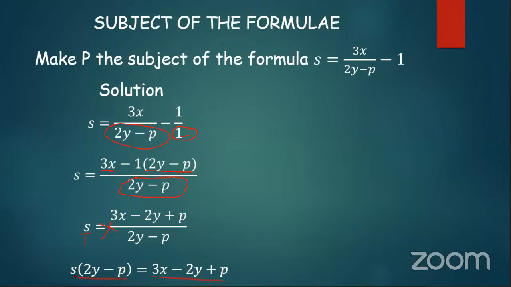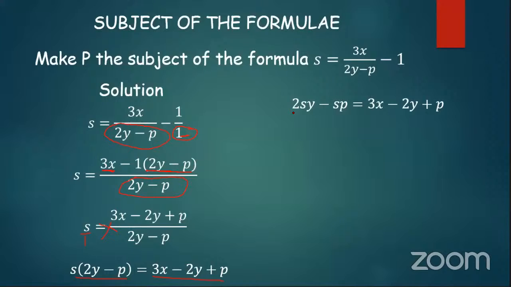Then on the left hand side, we are going to open brackets, and when we open brackets, s times 2y will give us 2sy, then s times p will give us sp, and then we bring it this way here.